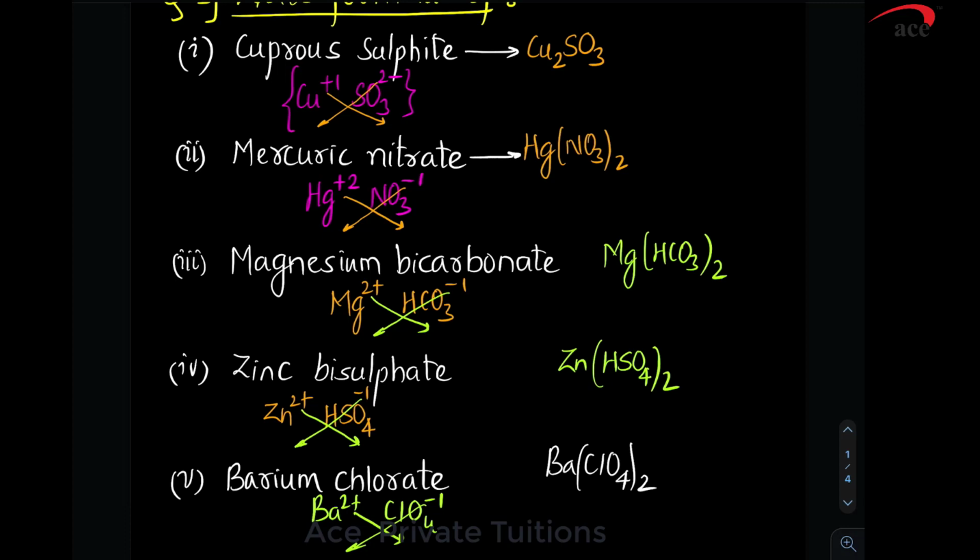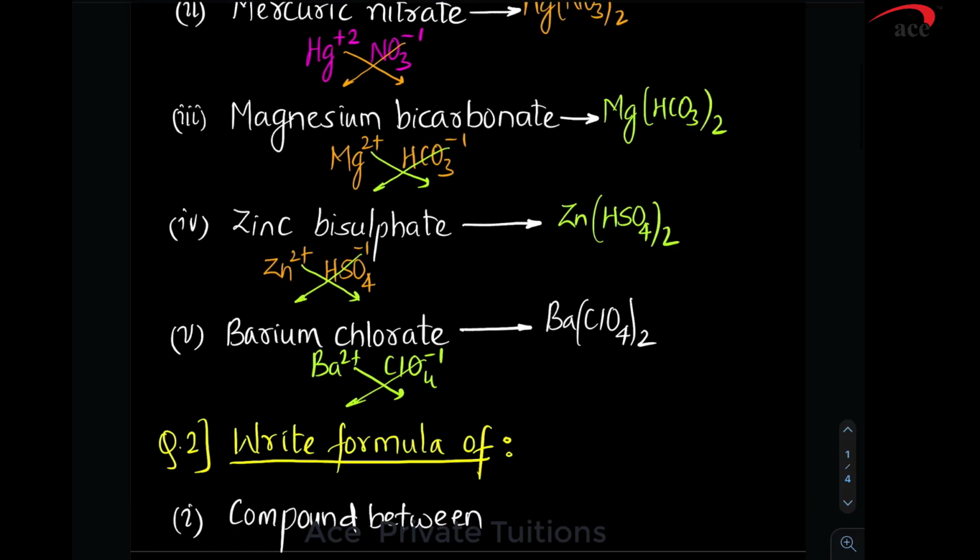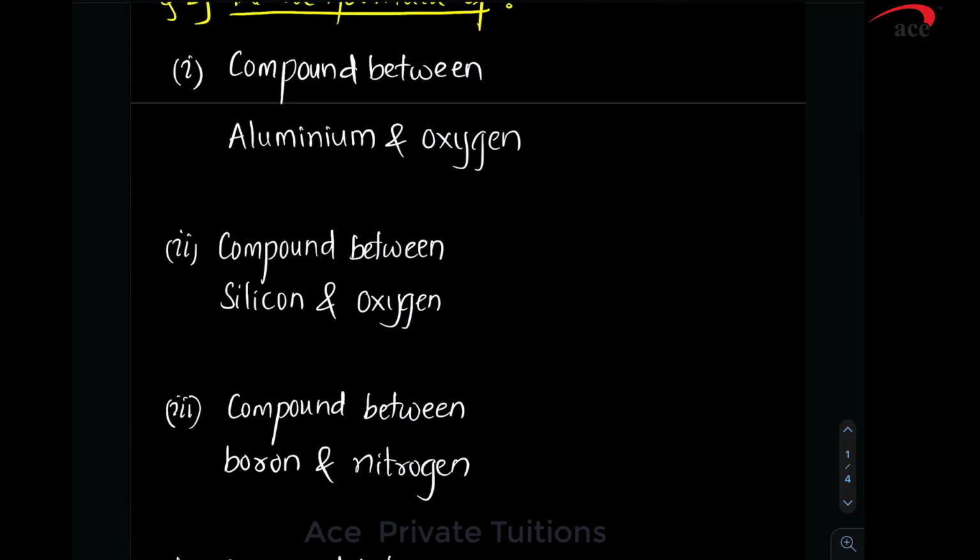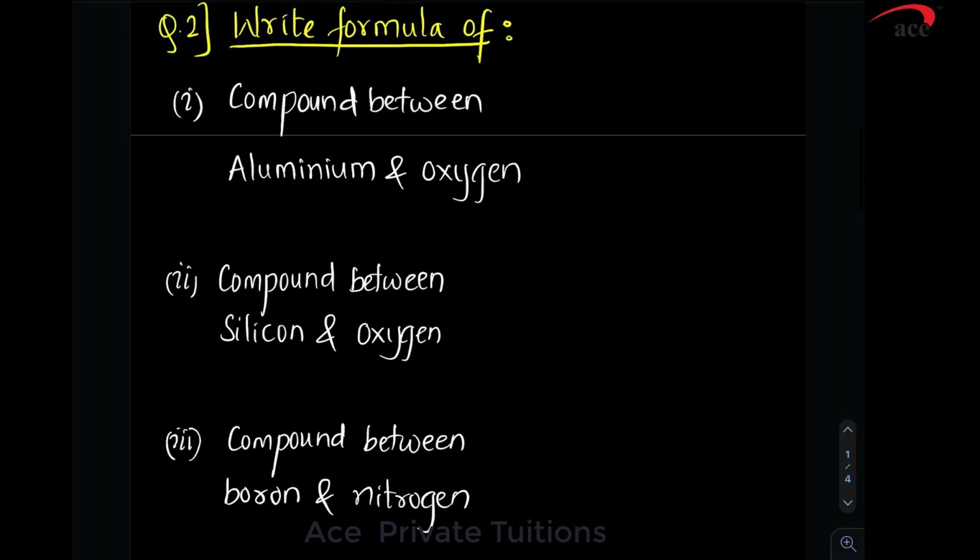So cuprous sulfite is Cu2SO3, mercuric nitrate is Hg(NO3)2, magnesium bicarbonate is Mg(HCO3)2, zinc bisulfate will be Zn(HSO4)2, barium chlorate will be Ba(ClO4)2. Next, try writing the formula for these 3 compounds.